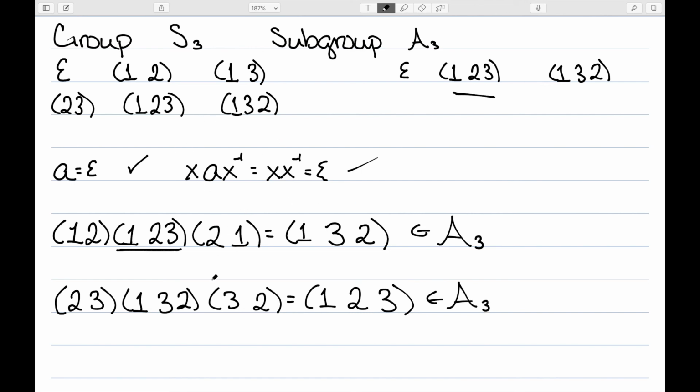I only did 2 here. We would still need to check the rest, but you can check those to see that, yes, this would be a normal subgroup. Because if I pick an element in G times an element in my subgroup times the inverse of that first element, I am still in the subgroup.